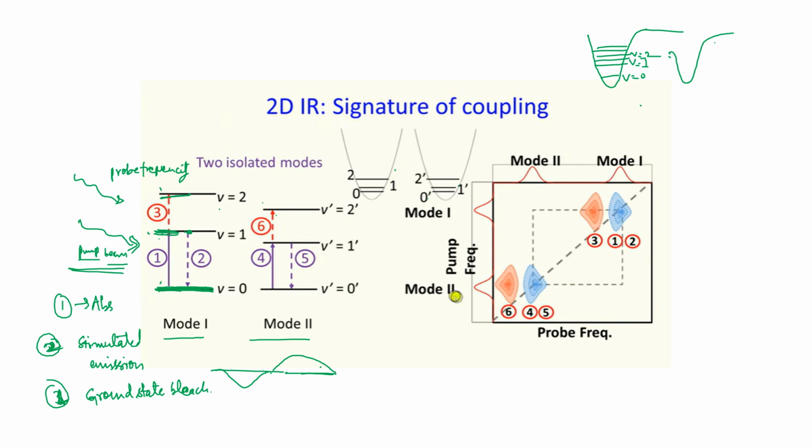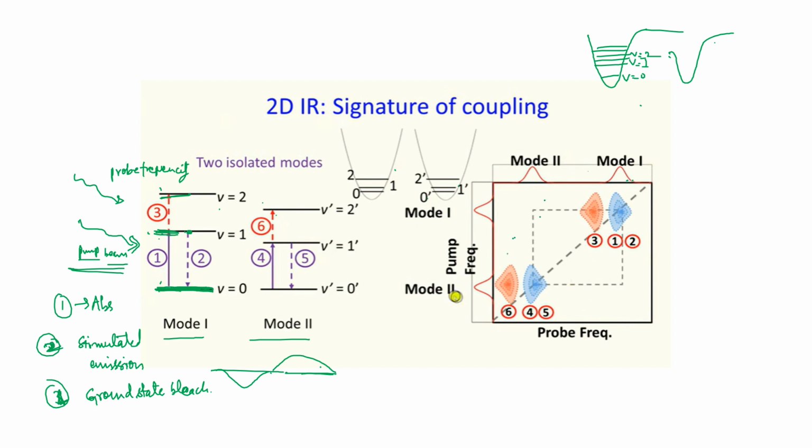Now, when you plot it on the 2D curve, this is mode 1 and mode 2. See here carefully. On the x-axis, there is probe frequency. The probe frequency values are different from each other, that is, mode 1 and mode 2.